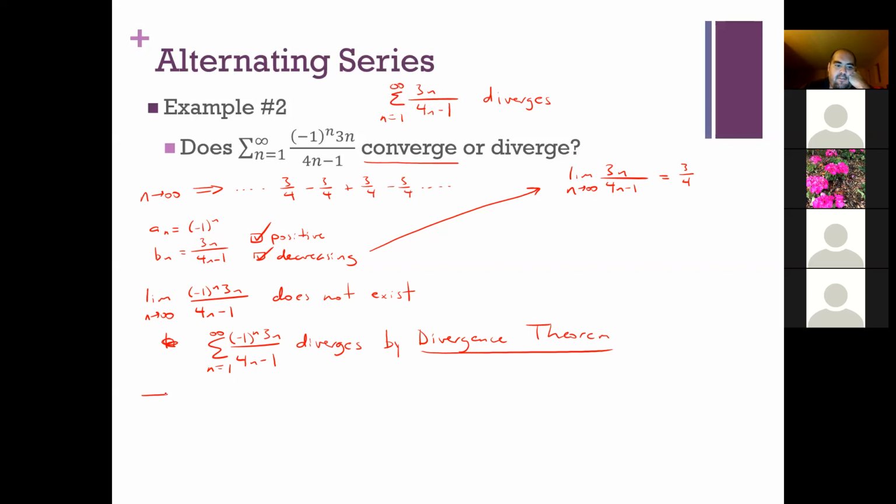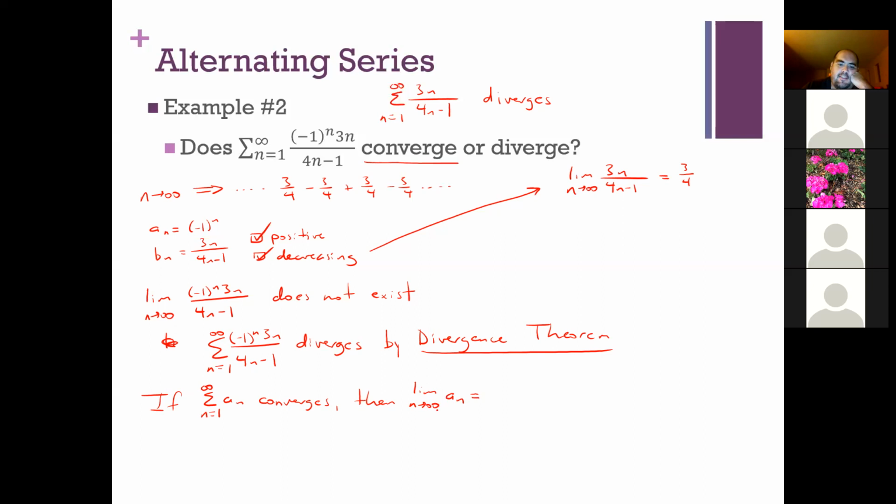So just a reminder then, if a series converges, then what must be true about this limit that I'm about to write?